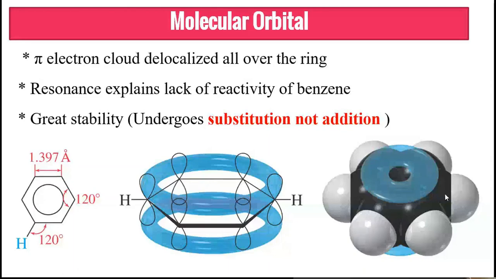All your carbons will have some pi cloud, and therefore the electrons which are revolving are depicted as the pi electrons which are in resonance, and therefore they are not isolated pockets of blue color. It is a continuous circle or halo of blue above and below the ring. Therefore you have to always remember this gives great stability, and hence it does not undergo addition reaction, it undergoes only substitution reaction.